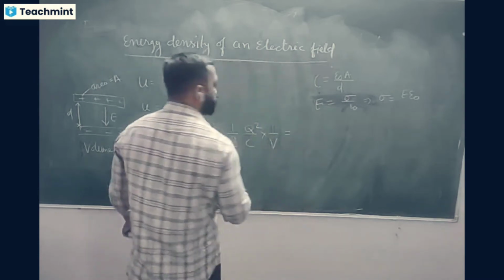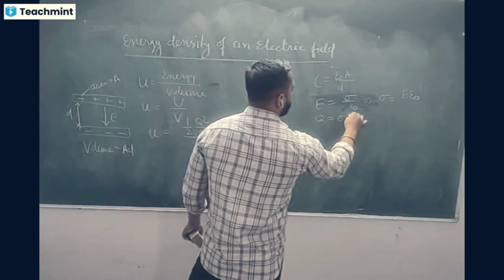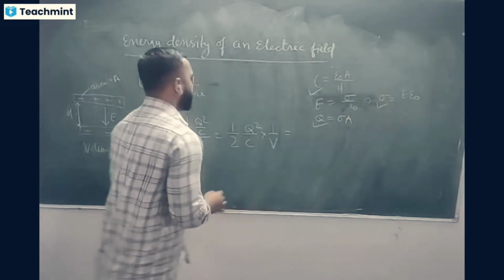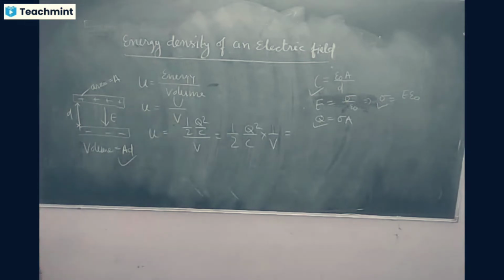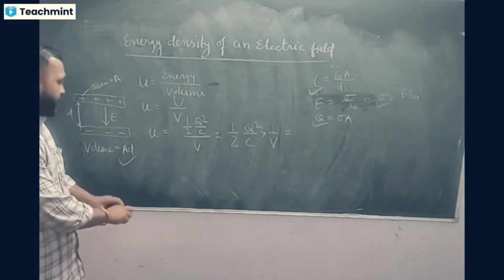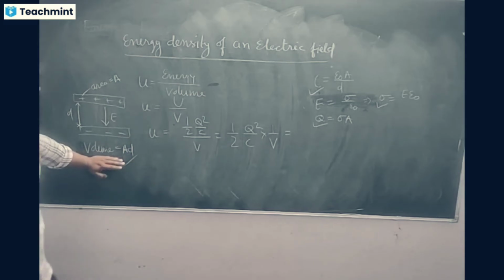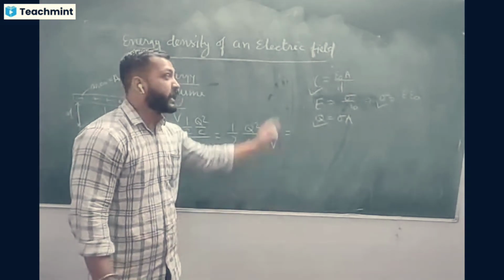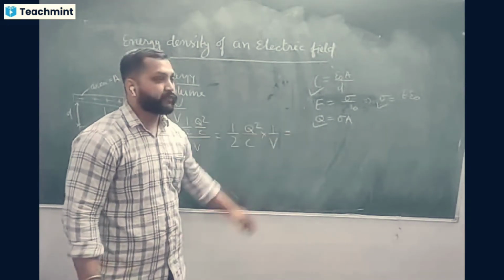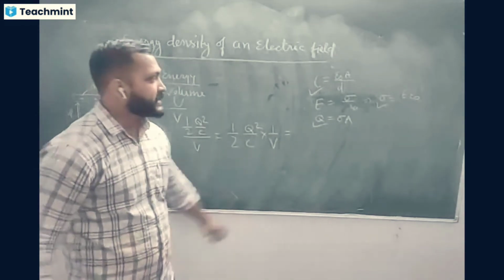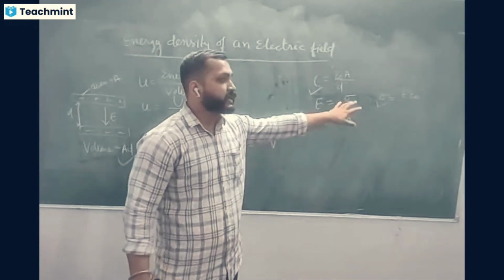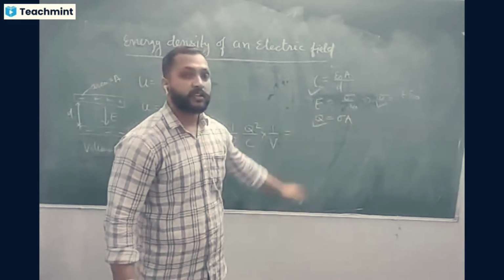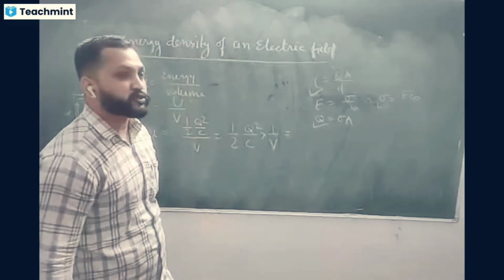So these are the formulas: volume is area into separation, capacitance is epsilon naught A upon D, electric field inside is sigma upon epsilon naught, surface charge density is E into epsilon naught, and the charge of the plate is Q equals sigma into A.